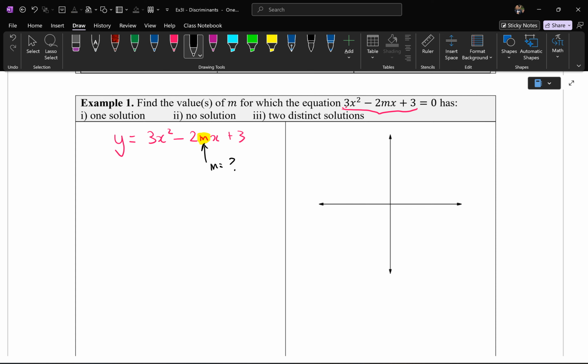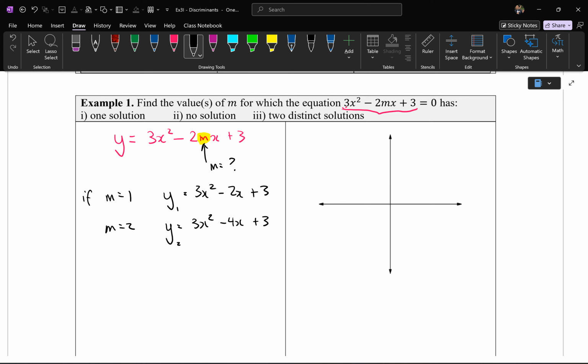Here's an example. If m was equal to 1, then the equation that I would get is 3x squared minus 2 times 1 times x, which becomes 2x, plus 3. You get one type of graph. But if m was equal to 2, then you'll be sketching y equals 3x squared minus 4x plus 3.